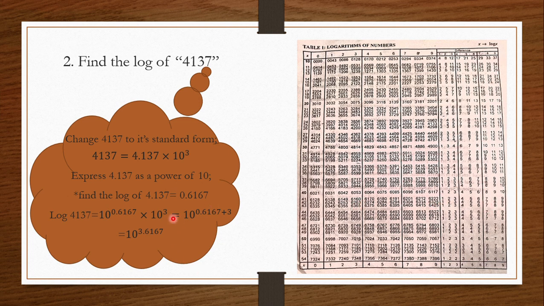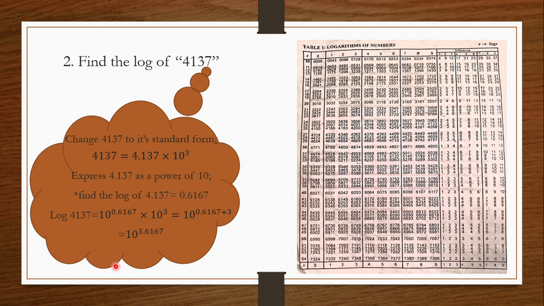So log 4137 equals 10 raised to power 0.6167 times 10 raised to power 3, bringing it back, equals 10 raised to power 0.6167 plus 3. Remember our first law of indices, that's 10 raised to power 3.6167.